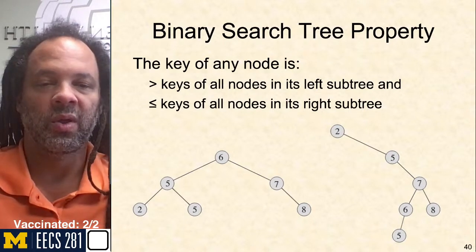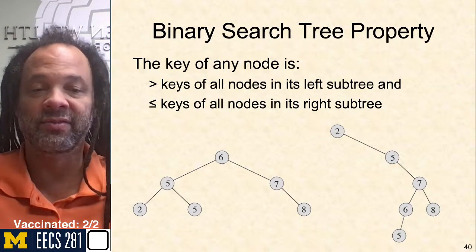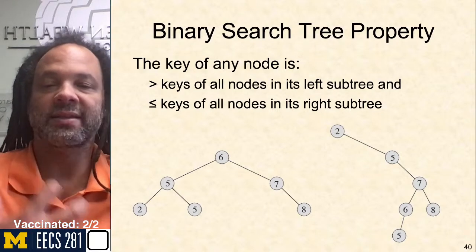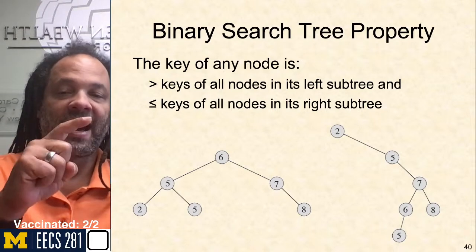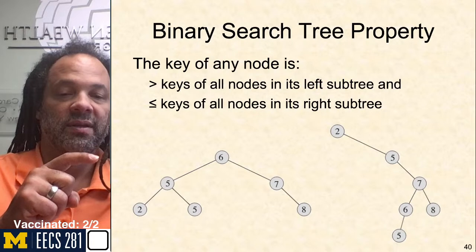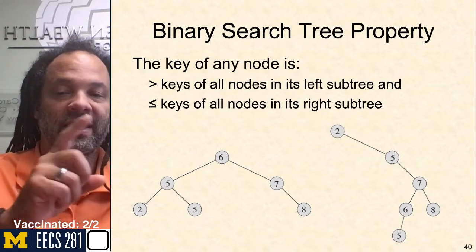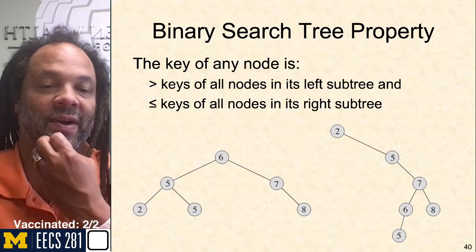And just as before when I talked about having two 5s, I find that the lower 5 has to be in the right subtree of the upper 5. And even though they're not close, we've got 5 with a right subchild of 7 that has a left subchild of 6 that has a left subchild of 5, but that second 5 is in the first 5's right subtree, and that's very important.